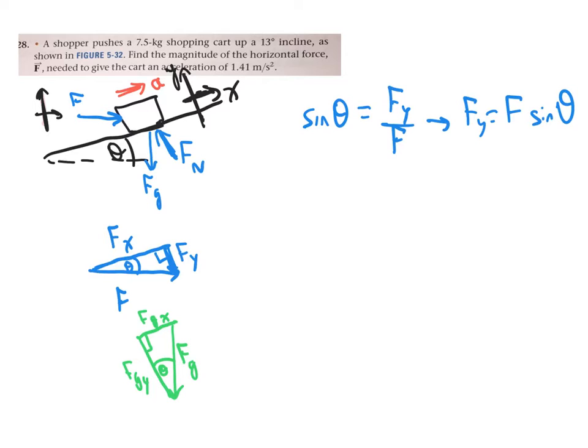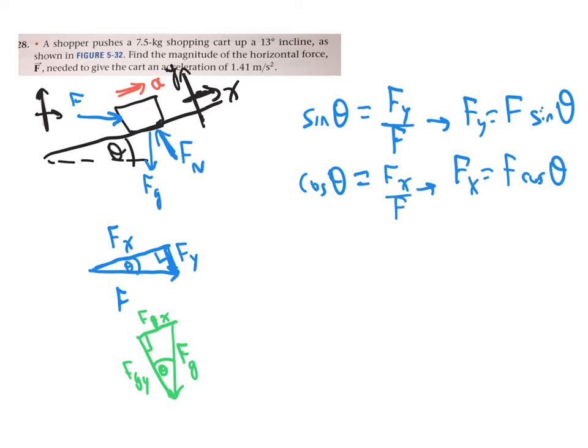And likewise, for that same triangle, the cosine of theta is the adjacent side over the hypotenuse. So Fx over F, or Fx has to be F cosine theta, which is not a surprise. Once we find one of them, we know the other one's going to be the other trig function. So that's all relatively traditional in what we've done before.